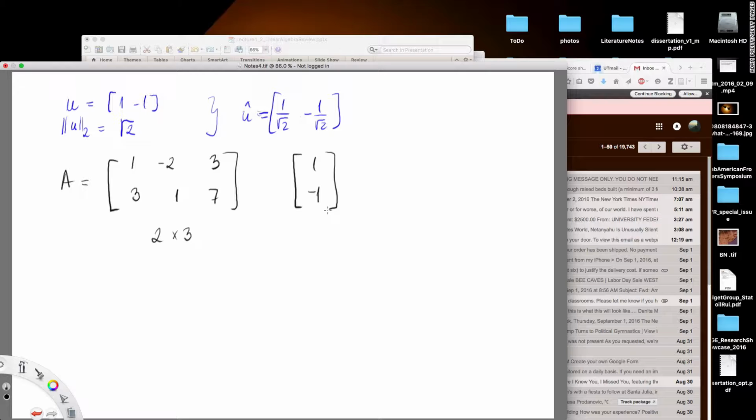In multiplication, I would have to take this row and do essentially a dot product with this column, and I don't have enough elements. For that, I have to have the matching number of elements, the so-called inner dimension. This is 2 by 1, and these two dimensions do not match. If they're not the same, we cannot multiply.